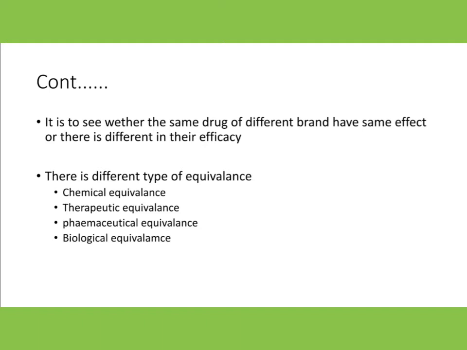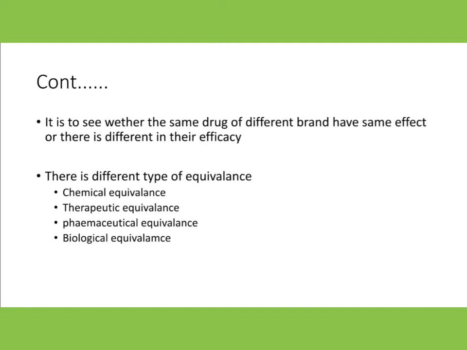Then pharmaceutical equivalence. Suppose you have 100 units of a tablet formulation of a drug and another 100 units of the same chemical composition of another drug, but it is in solution.